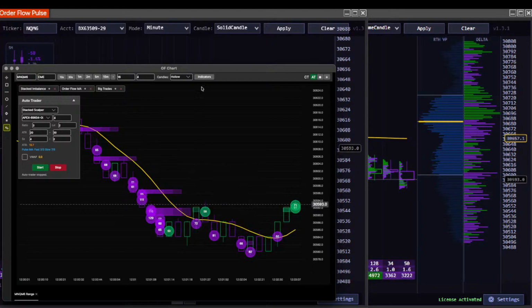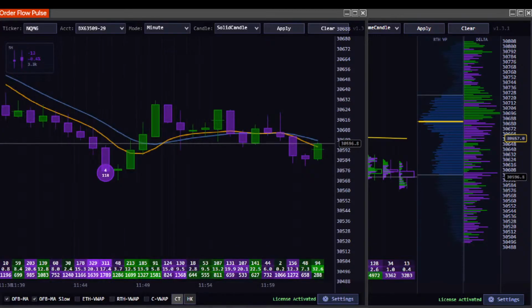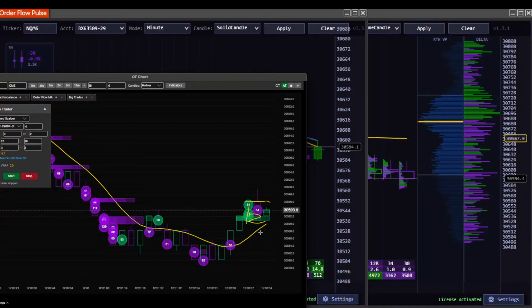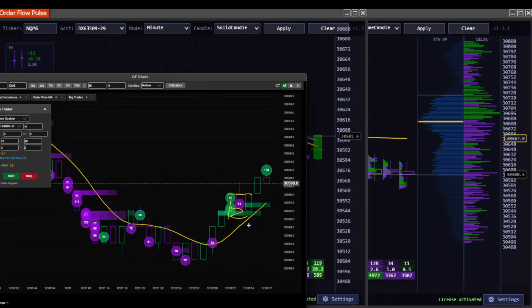We have a large aggregated buy order, so it would have gotten in here. And I think what I'm going to do is once I get to 4 points, I'm just going to go ahead and sell some. Maybe I would have gotten stopped out right here, but no, maybe not.